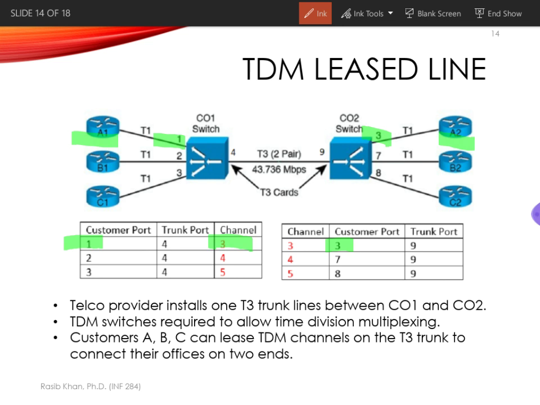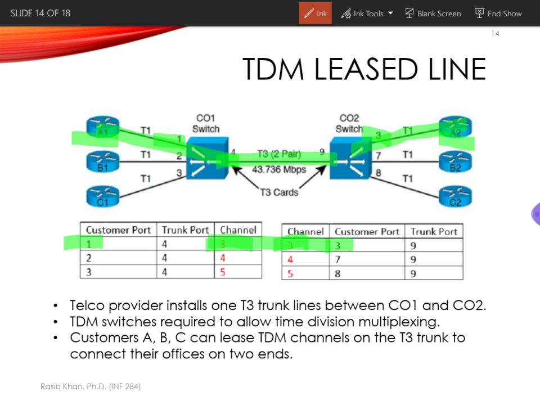And then it leases a channel on the T3 trunk, which runs between the two switches of the WAN provider. So now customer A can use anything that is sent on channel 3, and the WAN provider will forward everything to the appropriate ports on the two ends.